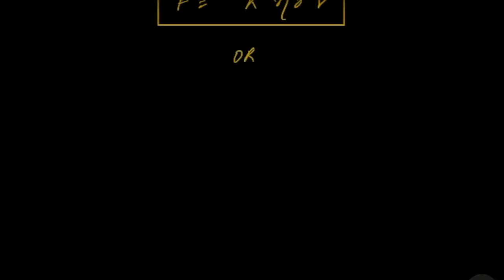When a small spherical body falls through a viscous liquid, its velocity gradually increases, and after some time the viscous force and upthrust balance the weight of the body. At this point the net force on the body becomes 0, and the body continues to move with a constant velocity, and this constant velocity is the terminal velocity.